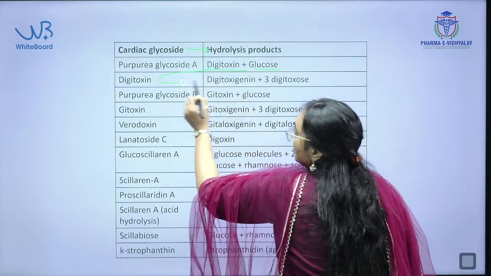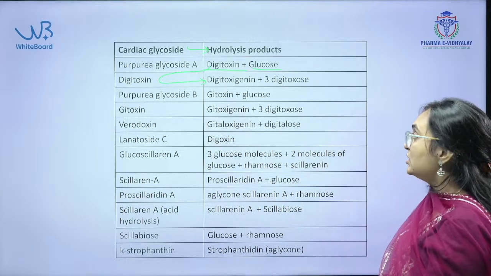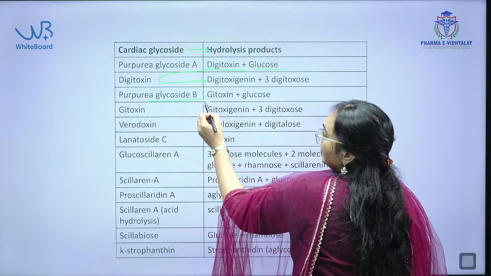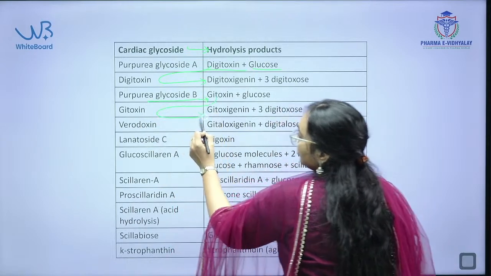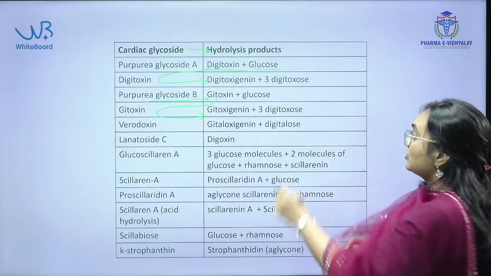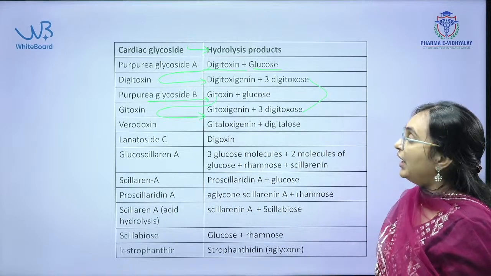Digitoxin again undergoes hydrolysis to give digitoxigenin plus 3 digitoxose. Next, purpurea glycoside B gives gitoxin plus glucose. Gitoxin undergoes hydrolysis again to give gitoxigenin plus 3 digitoxose. Sugar part is the same in purpurea glycoside A and B.